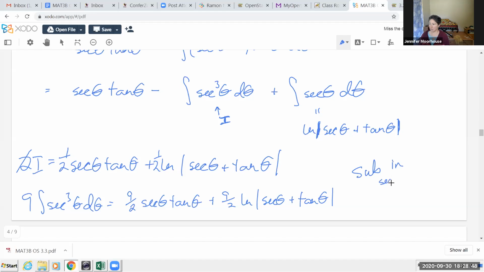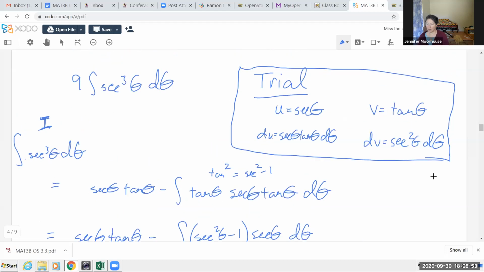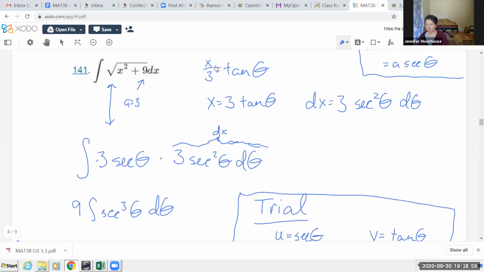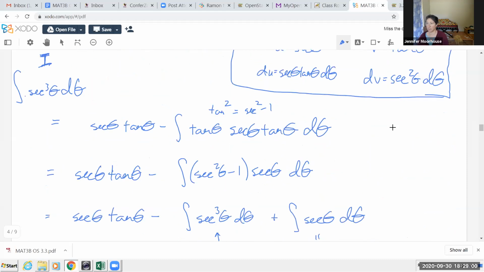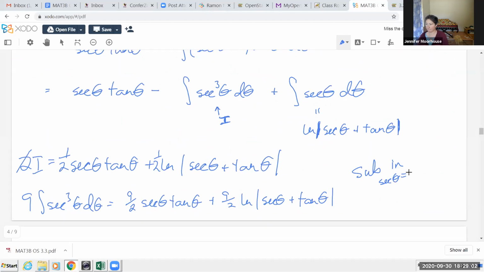Secant theta is, what was it, x over 2, I think, x over 3. No, tan theta is x over 3. And secant theta, we'd have to draw our triangle and think about tangent, secant. That's a terrible triangle.